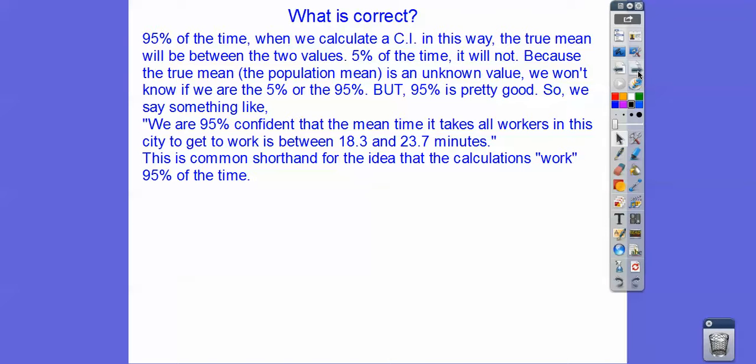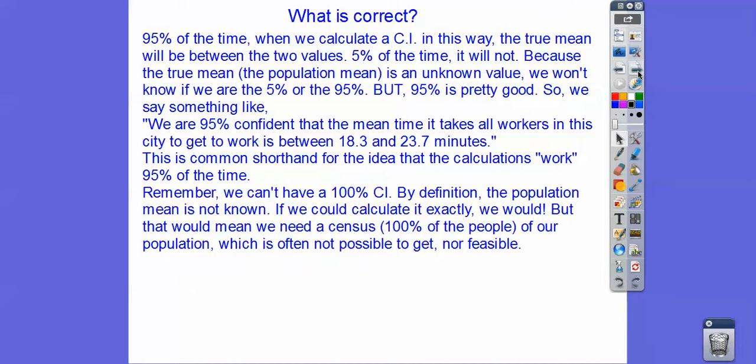This is a common shorthand for the idea that the calculations work 95% of the time. Remember, we can't have 100%, so by definition the population mean is not known. If we could calculate the population mean, we would, but we can't calculate everybody going to work and how long it takes them to get there.